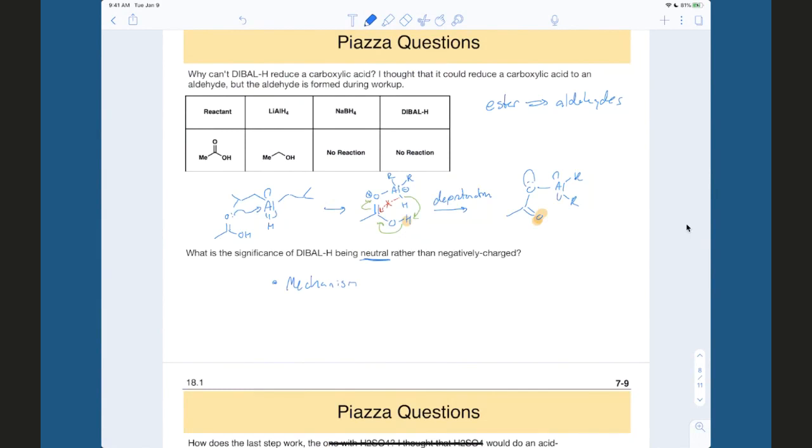So I would say if I had to list two things, the two main points here are one, the mechanism, and this means complex formation, then hydride attack, and two, esters to aldehydes. I'd say these are the two main differences.